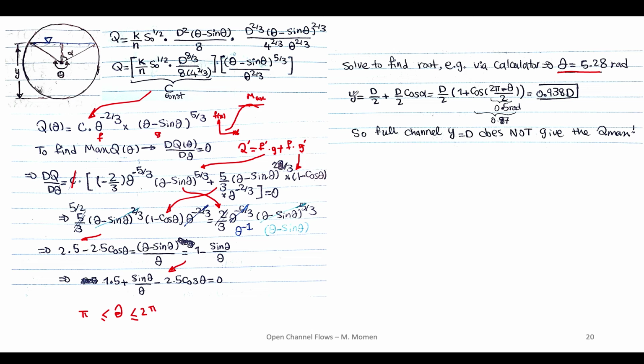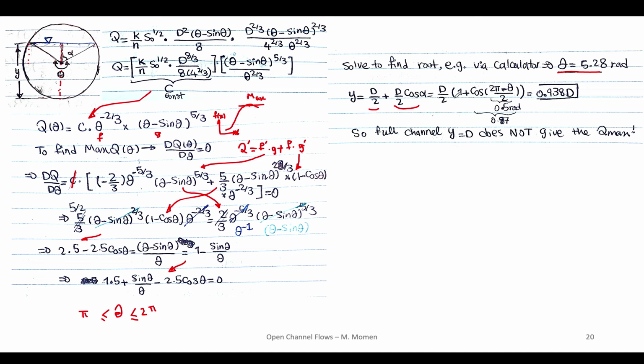So now I want to find y, because the problem asked what is the depth at which this maximum flow rate occurs. So it's going to be d over d half, which is from here to here, and then I have another thing here. This one is d half times cosine alpha, and this is d half, d over 2, which is like the radius.